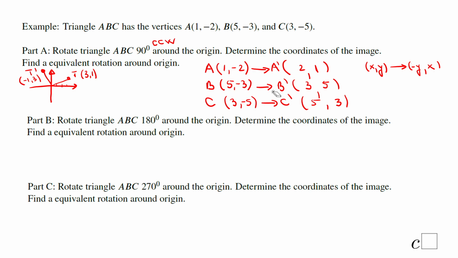Oh, one more thing, determine the coordinate we did, and find an equivalent rotation. The equivalent rotation is 270 degree clockwise. Okay. Part B, rotate the triangle ABC 180 degree around the origin. I think this is the easy one.